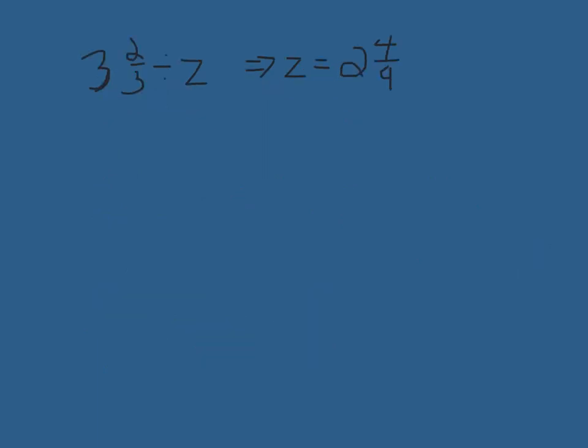Okay, I want you to try 3 2/3 divided by Z when Z equals 2 4/9. Pause the video and work it out, and then come back and check your work against mine. So first I'm going to plug this in, 3 2/3 divided by 2 4/9.